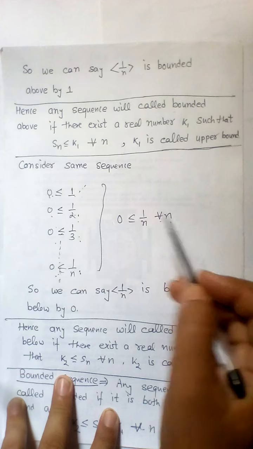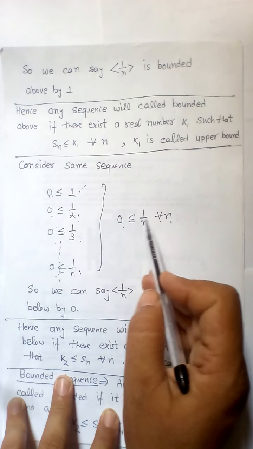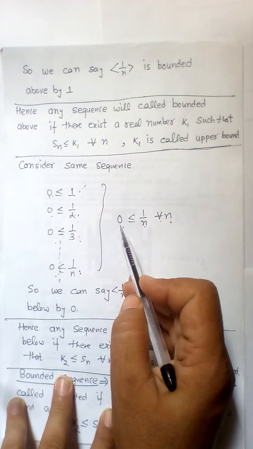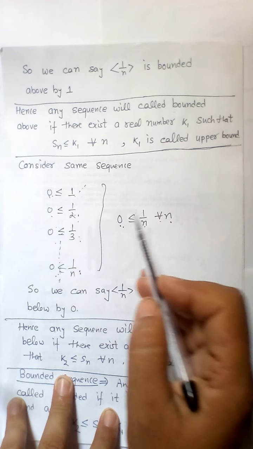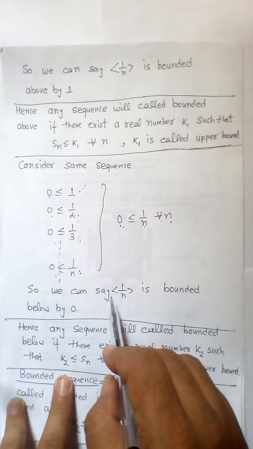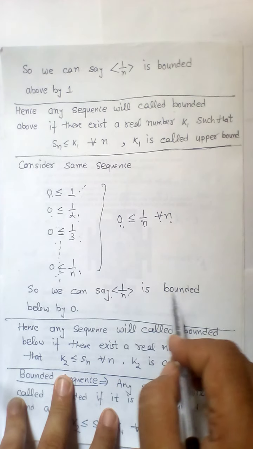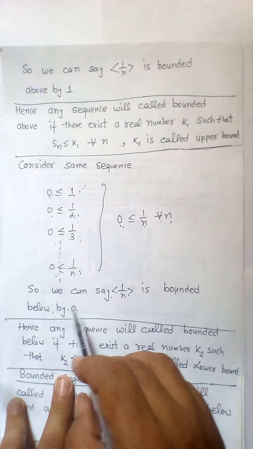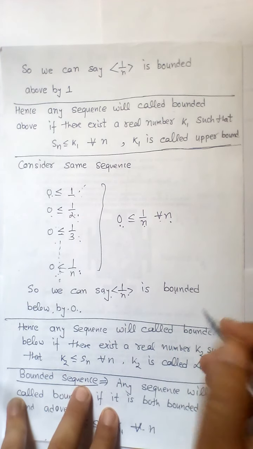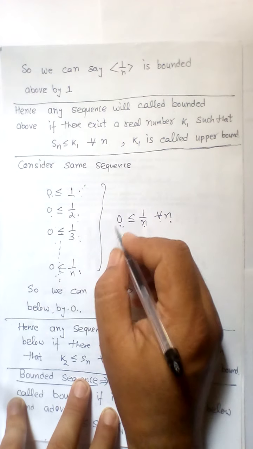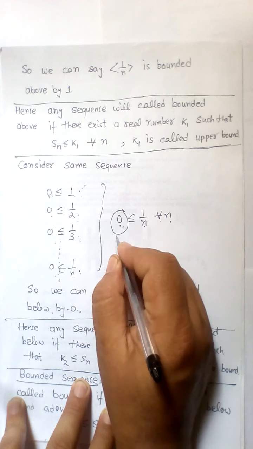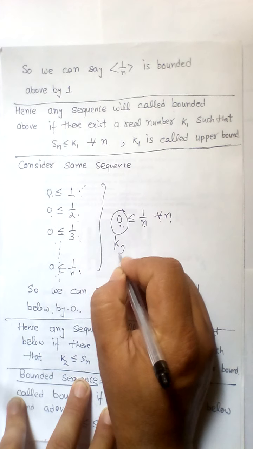So I can write that 1 upon n is always greater than or equal to 0. So we can say that this sequence is bounded below by 0, and this number can be denoted by the constant k2.